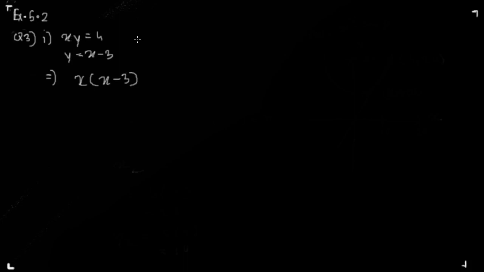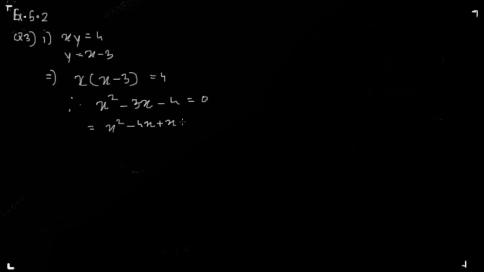You can just plug y in here, which equals 4. Therefore, x squared minus 3x, if you distribute, minus 4 is equal to 0 if you switch sides. So from there, x squared minus 3x minus 4.